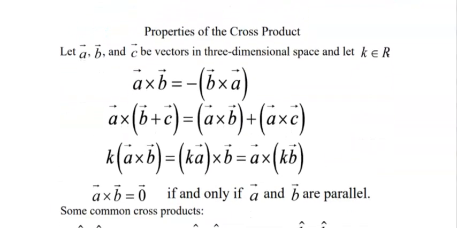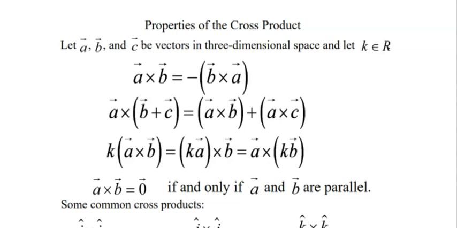These are just some other properties. They follow the same rules that you would expect. So for the directionality, if we do A cross B, that's very similar to B cross A, except the direction has been flipped. A cross (B plus C) can also follow this distributive property, so it's the same as A cross B plus A cross C. This is a good one to remember.